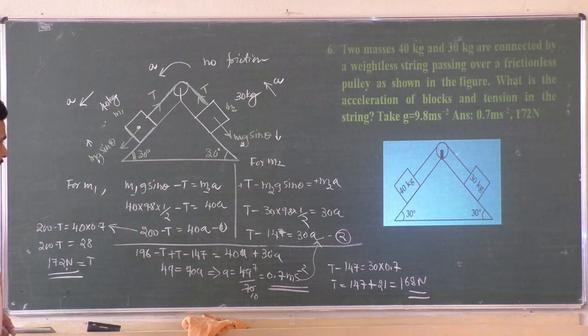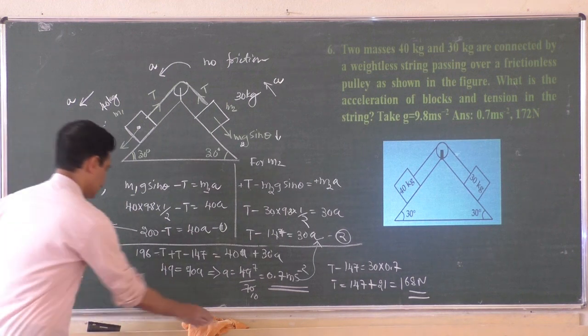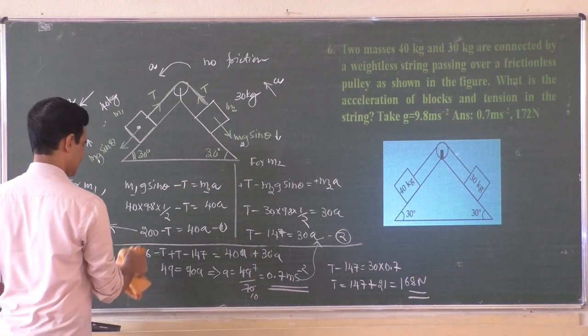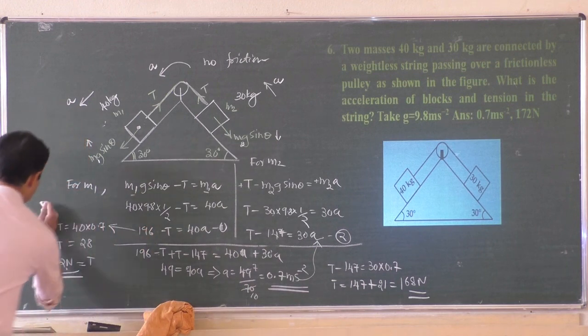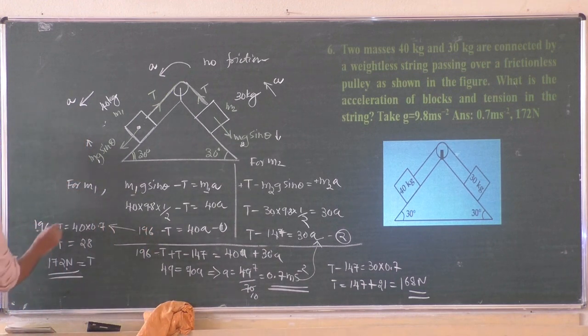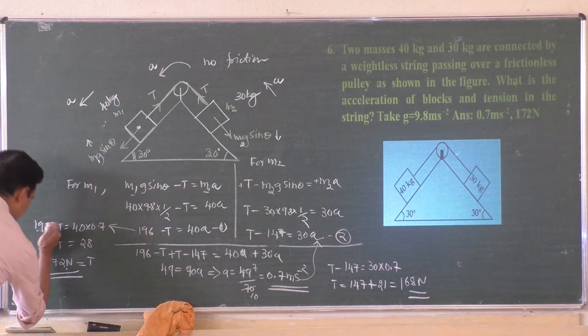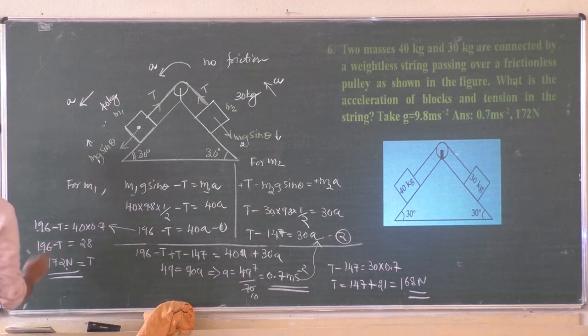200, oh, it's not 200, it's 196. This should be 196, correct? That's why we got that answer. 196 minus T must be equal to 40 into 0.7. So 196 minus T is equal to 28.